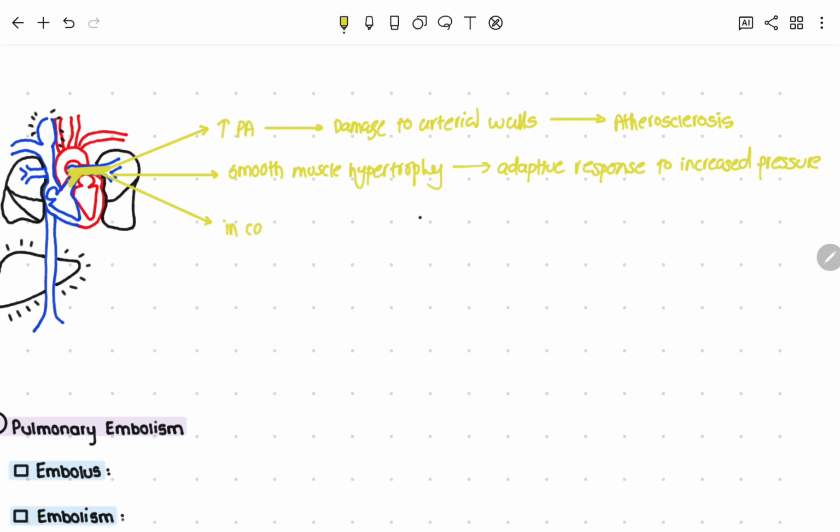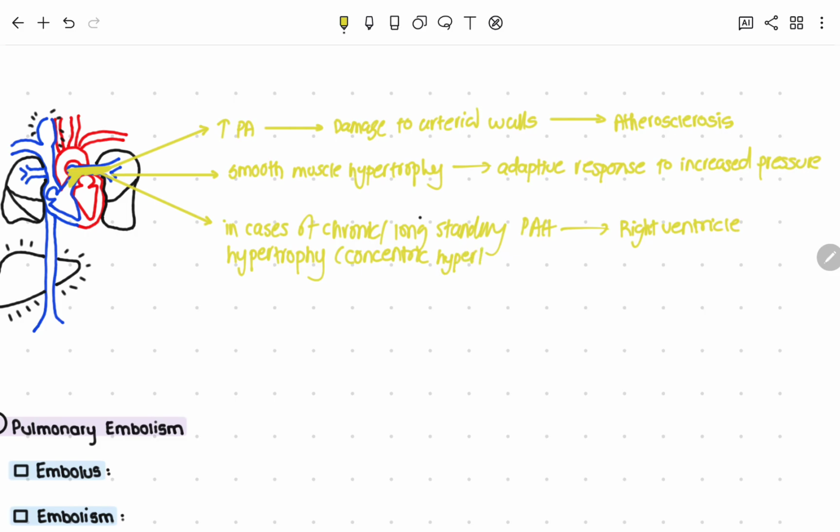So, in cases of chronic or long-standing pulmonary hypertension, the right ventricle undergoes hypertrophy, and this is concentric hypertrophy to be exact, simply as a response to pump blood against higher pressures.